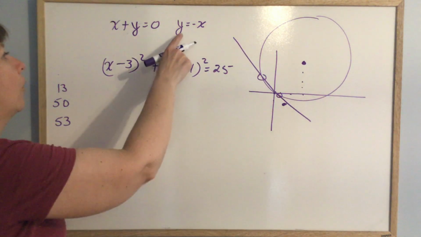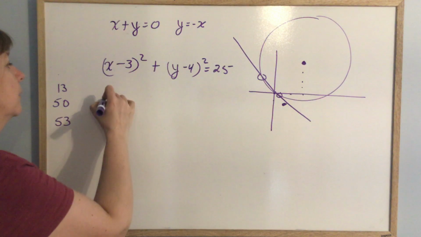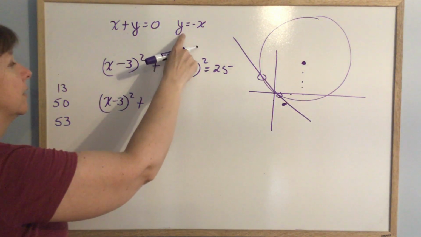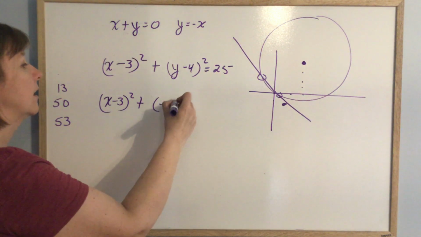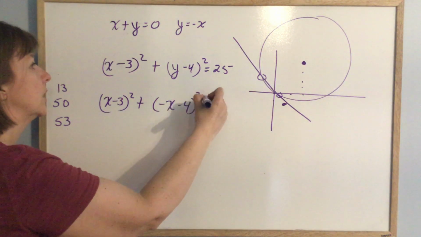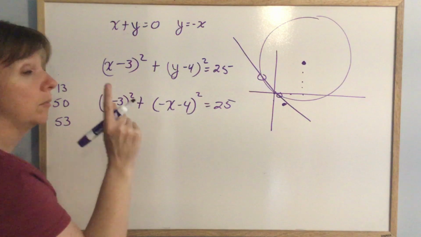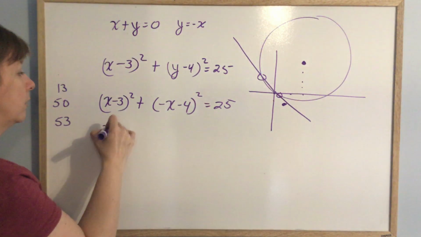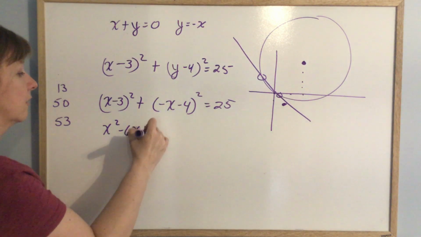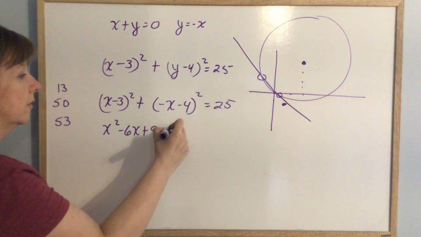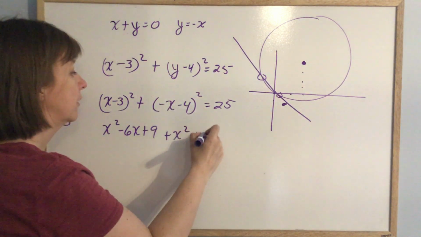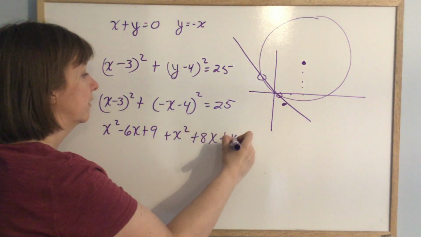So if y is equal to negative x, then I'm going to have x minus 3 squared plus, instead of putting y, I'm going to put negative x minus 4 squared is equal to 25. I'm not going to let that negative mess me up this time. So this is going to be x squared minus 6x plus 9. This is going to be plus x squared, and that's going to be 4x and 4x, plus 8x plus 16.